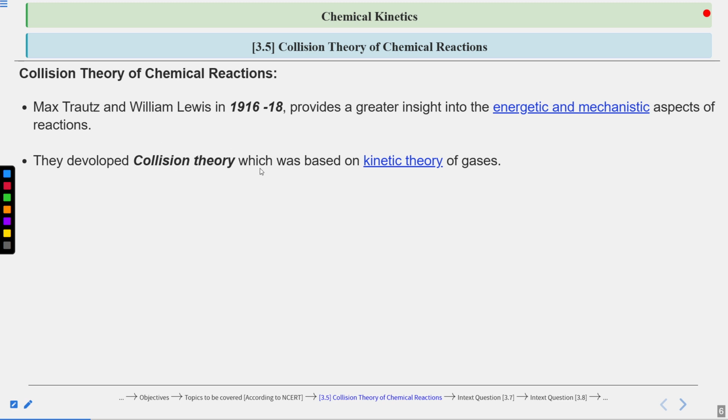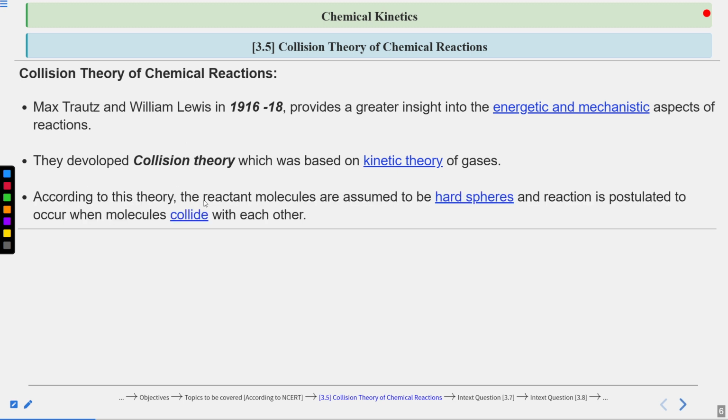They developed the collision theory, which was based on the kinetic theory of gases. At the very start of our chemistry we studied the kinetic theory of gases, and the collision theory we are going to study is based on it.